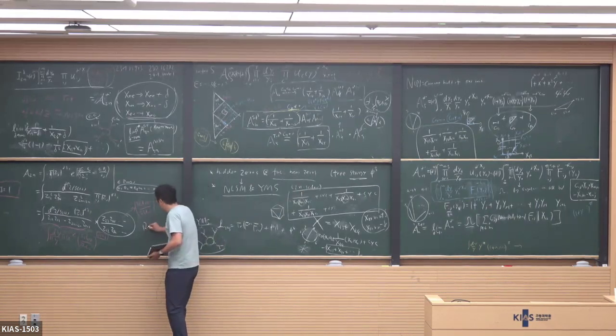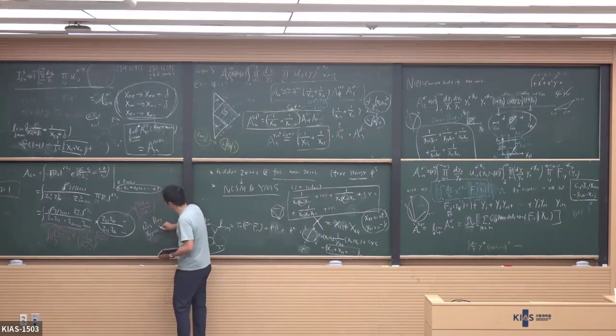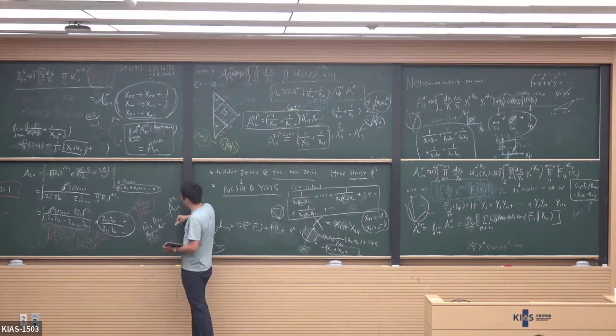I take a residue of S12 goes to 0, S34 goes to 0. In our language, we would say X13 to 0, X35 to 0. So I take multiple residues, X13 to 0, X35 to 0, and so on, of this 2n point delta equals 1 shifted amplitude.